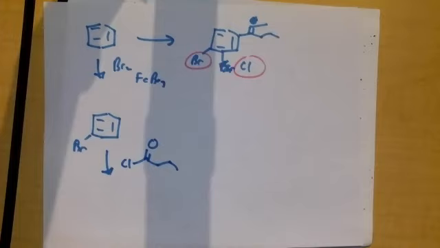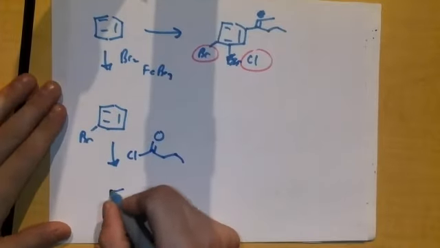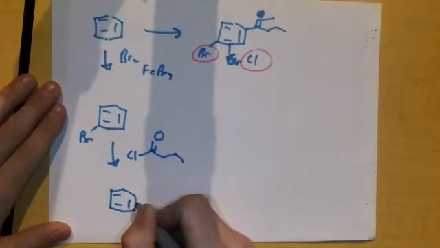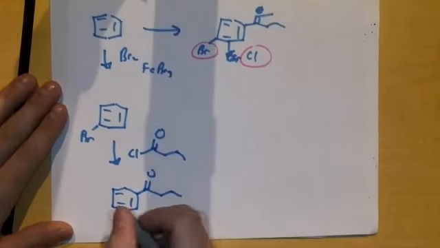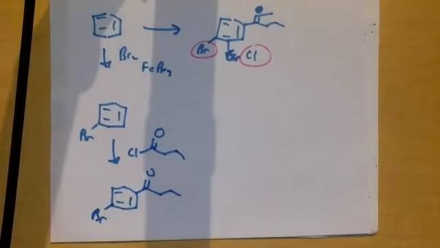So adding this as an acyl group here would get me to this. From this point, you have a couple options. You could either do the Wittig now, or you could chlorinate now.